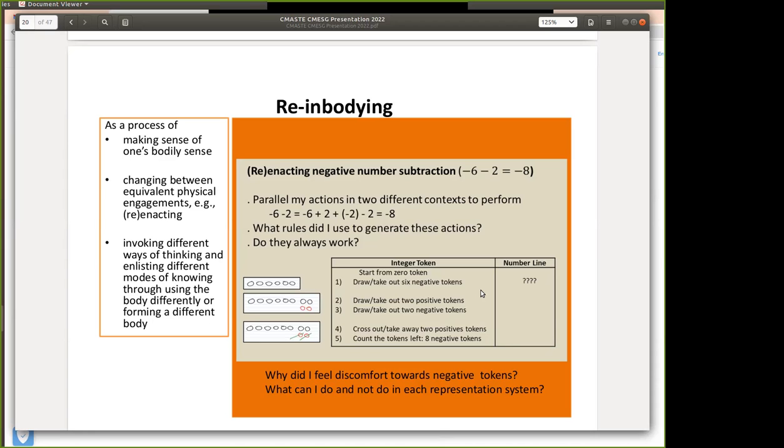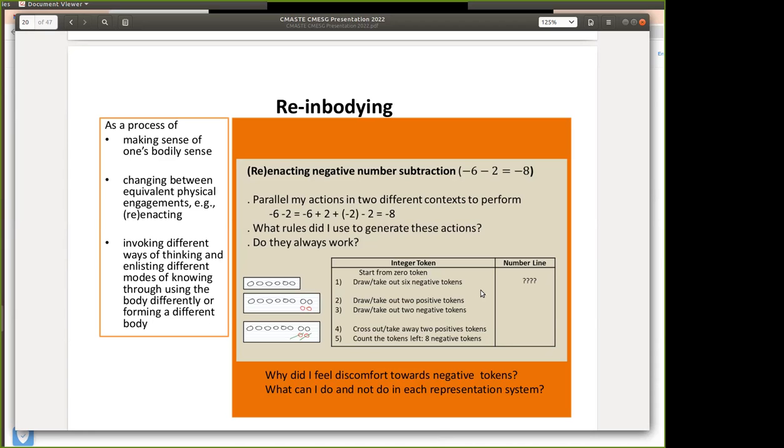And so through that realization, I realized that negative numbers could be represented as something, because my philosophical difficulty was: how can you represent having nothing, not having something, as having something? So when the negative token showed up, you actually have something. But my understanding of a negative number is associated with not having something, right?